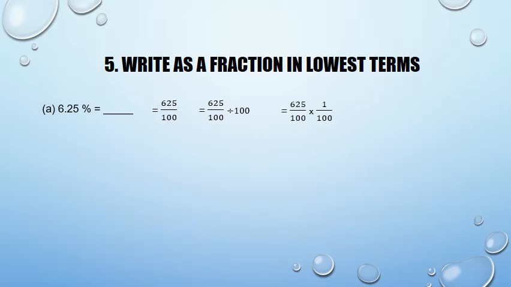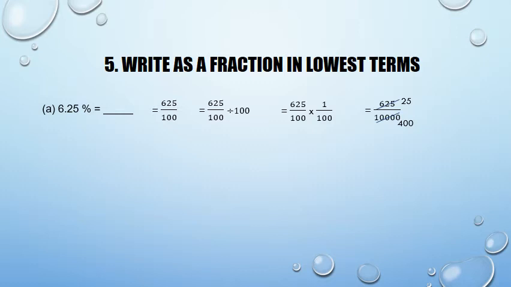So now this is equal to 625 upon 100 multiplied by 1 upon 100, because when we are dividing it by 100, we will write the reciprocal of 100, which is 1 upon 100, and we will put the multiplication sign, right? So now it will become 625 upon 10,000. Now we will divide it by 25.